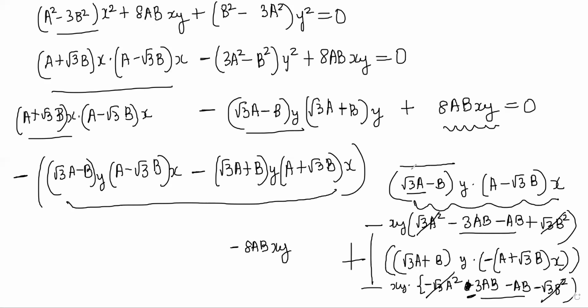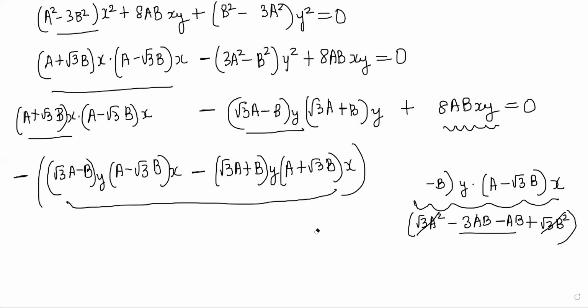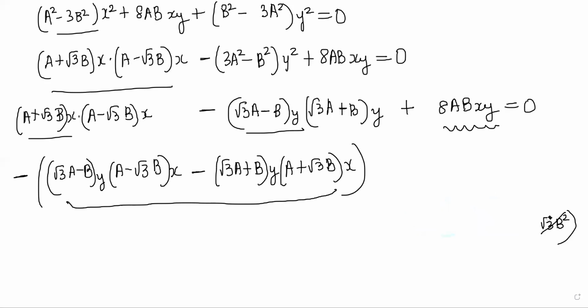So actually it's a slightly tricky one where you have to try and factorize this. Let's call a plus root 3b x as p. We call this as p and this as q, and this as r and this as s.